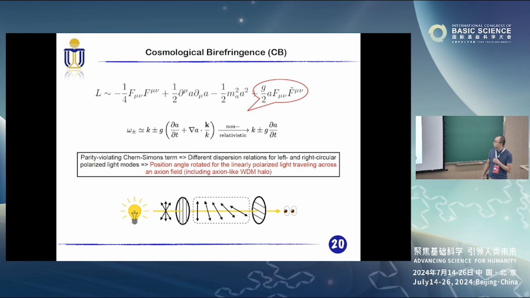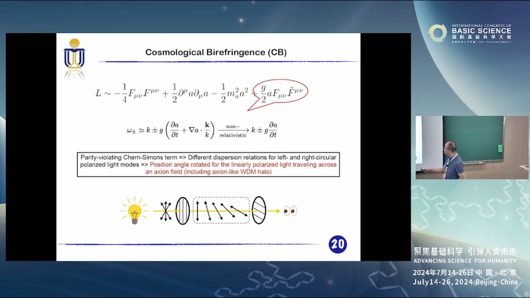The idea is straightforward. We know the axion field can couple to the electromagnetic field via the Chern-Simons term. And because the axion field is parity odd, in an axion field background such a term will violate parity, which results in a difference in the dispersion relations between the left and right circularly polarized light modes.